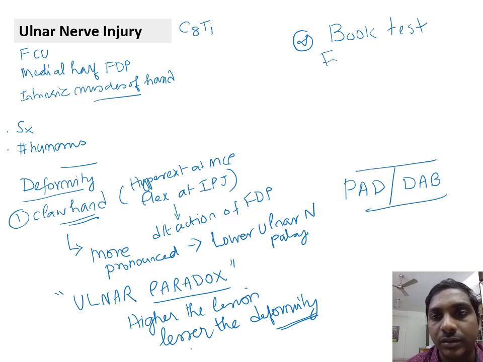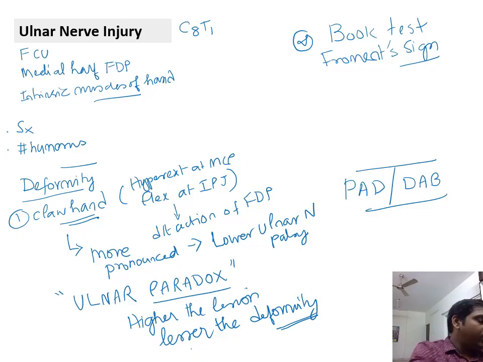The book test is otherwise called Froment's test or Froment's sign. You hold a book between the thumb and the finger. You can snugly hold the book based on the action of adductor pollicis, which is supplied by the ulnar nerve.